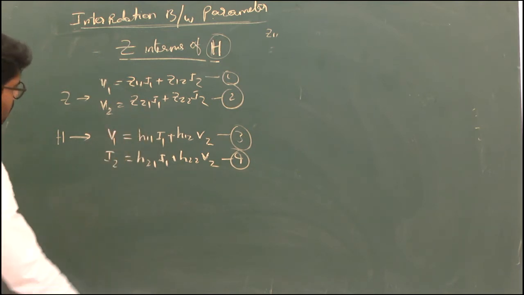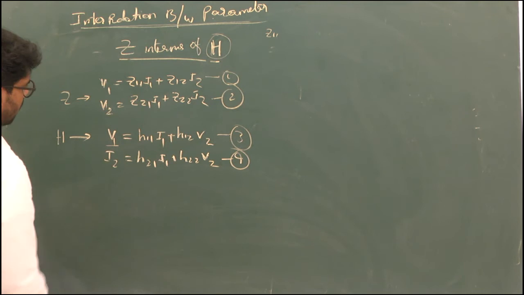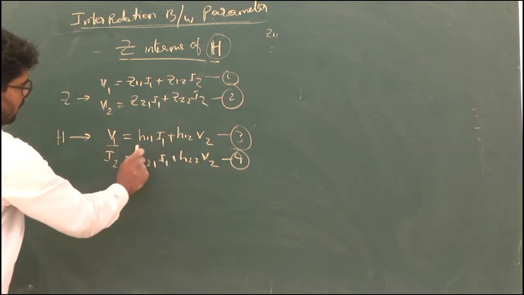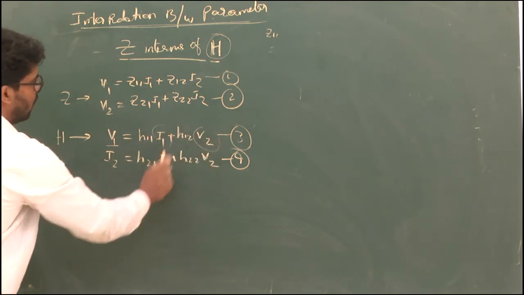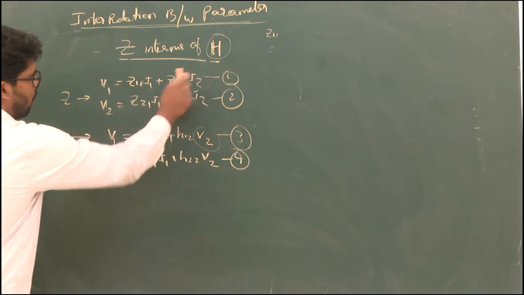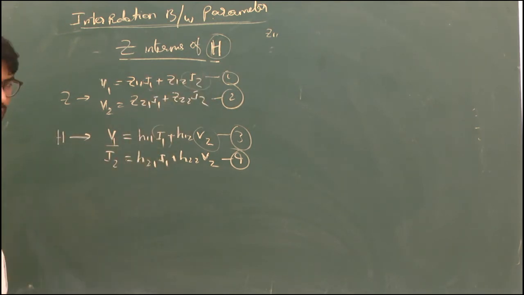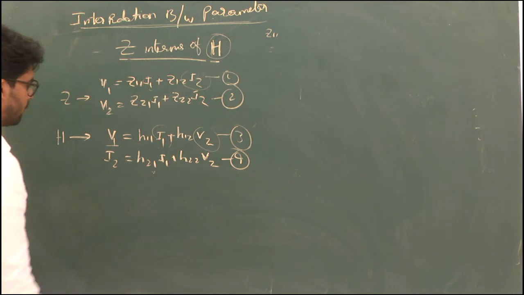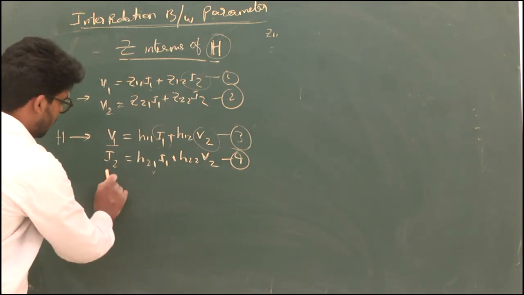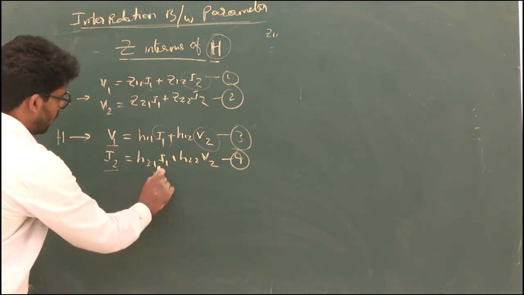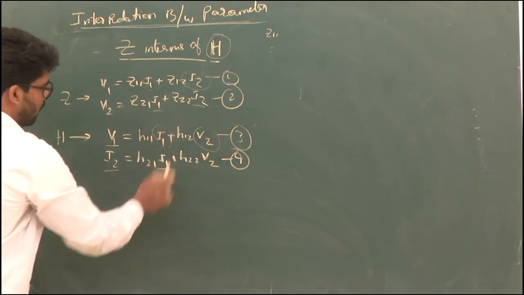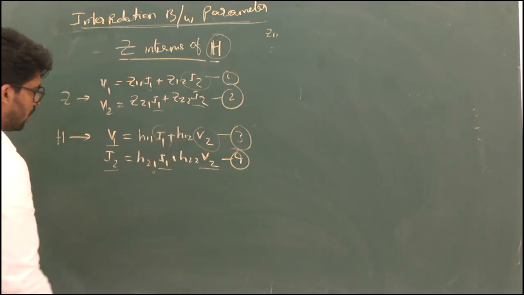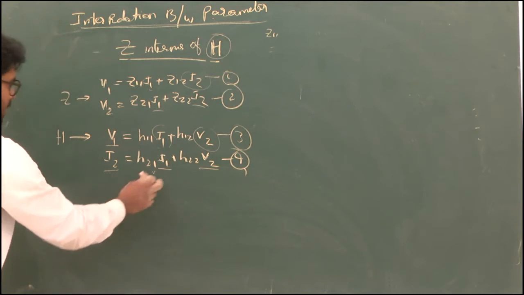We need V1. Already V1 is there, but equation 3 is in the form of I1 and V2, and we need I1 and I2 form. Leave the third equation and go to the fourth equation. Here we have I2, I1 and V2. Therefore, from the fourth equation we can extract V2.